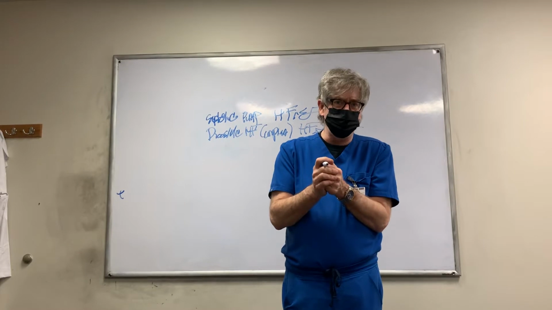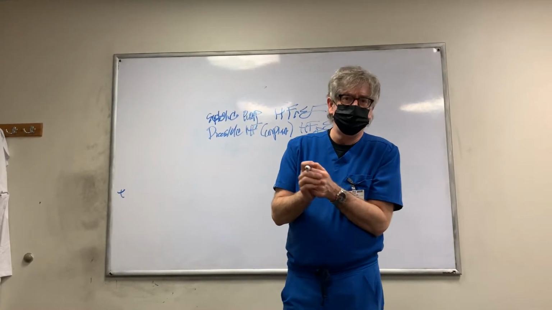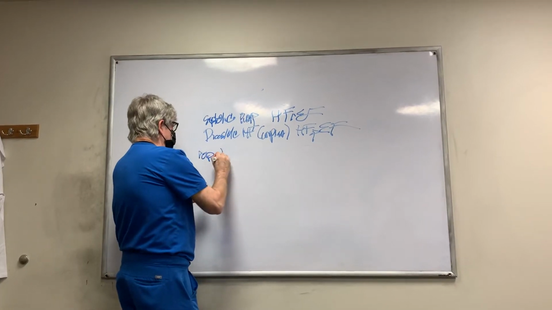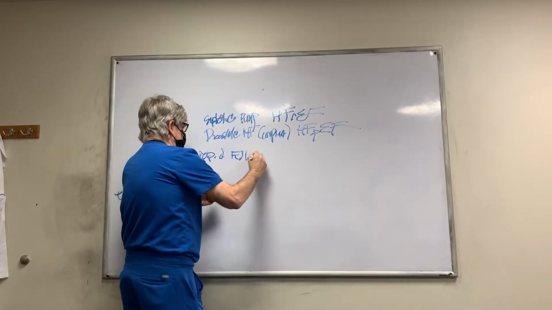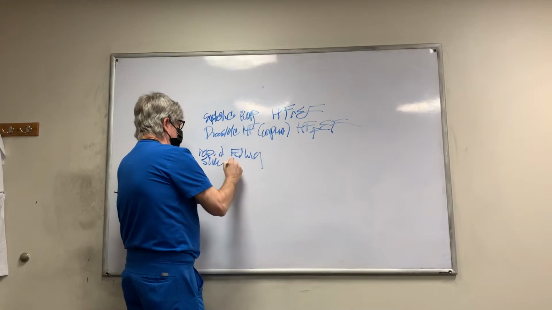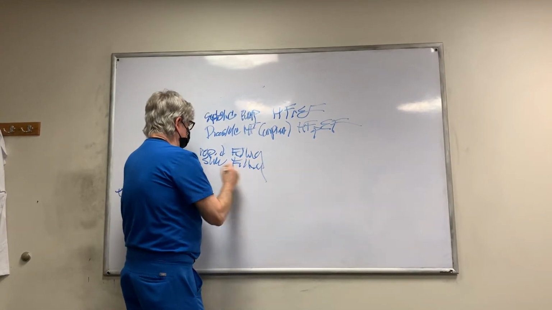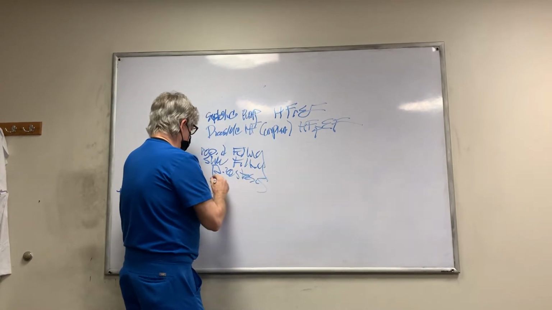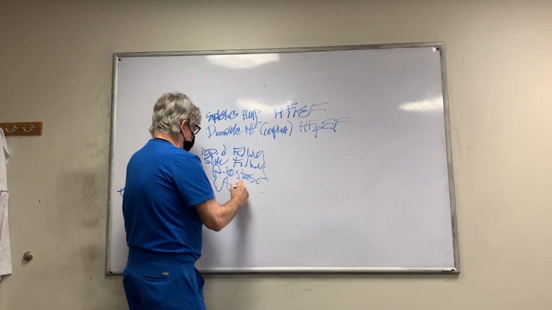So the heart fills in diastole. And the four stages of filling are rapid filling, slow filling, something called diastasis or diastolic stasis, where nothing happens, and the left atrial kick.